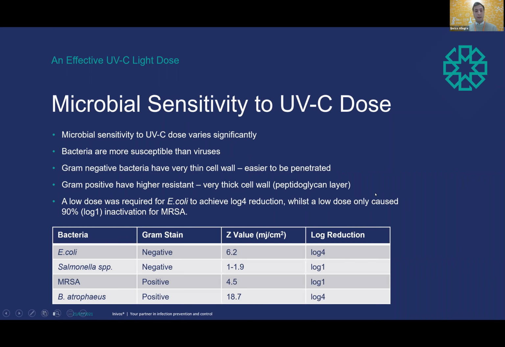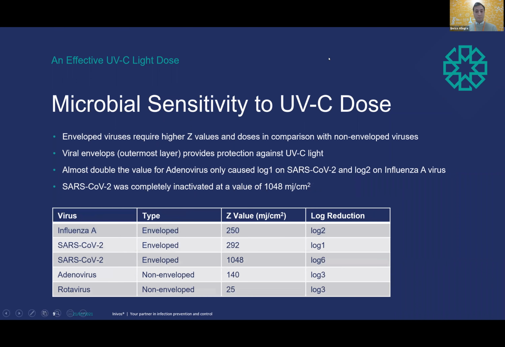And moving on to the next slide, there's a very similar example done with viruses. We can almost broadly describe viruses in 2 main groups, enveloped and non-enveloped viruses. There are many other parameters involved, but if we look at the bigger picture, enveloped viruses seem to have more resistance to UVC dose, a very similar concept to gram-positive versus gram-negative.